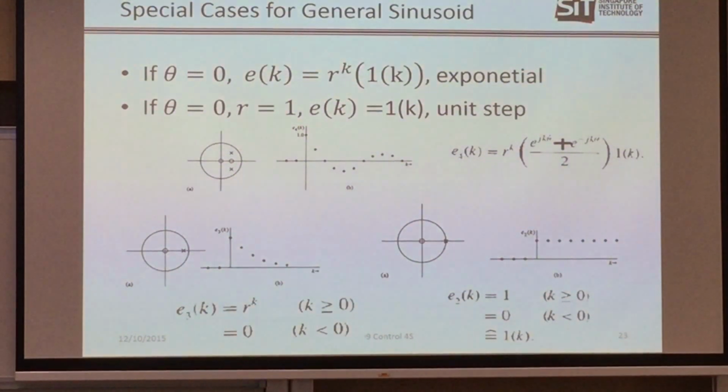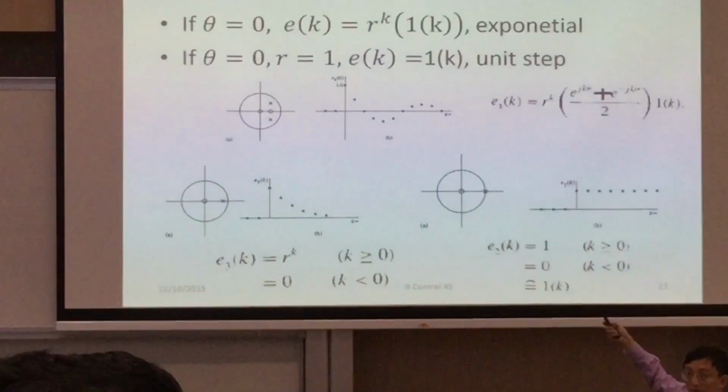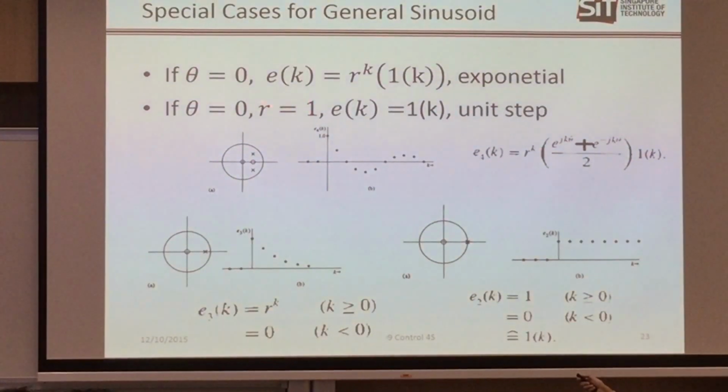So if your theta is 0, then your equation will become an exponential function. If your theta is 0 and your R is equal to 1, your exponential function can be further simplified into the unit step. Similarly, this is quite similar to the integral domain, where you represent your unit step, then your cosine and sine, then your exponential function.